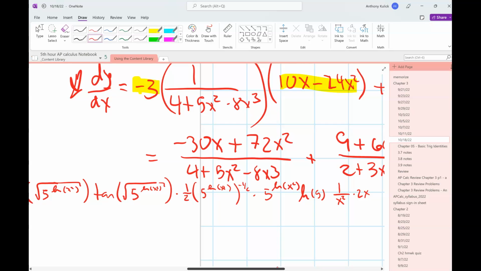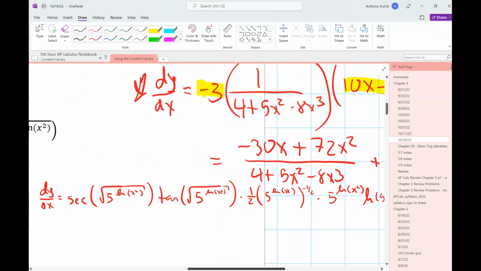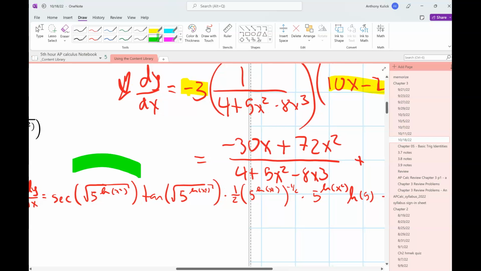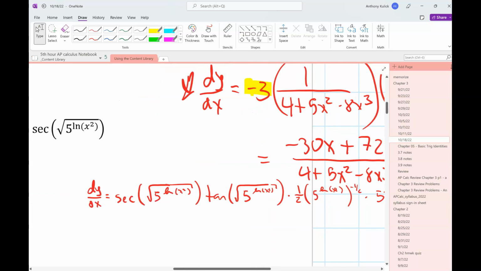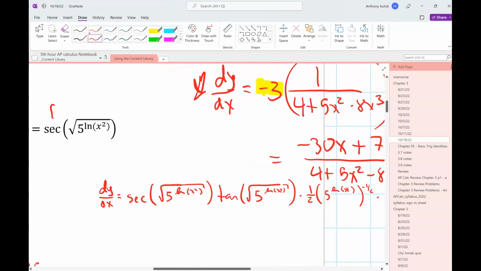Wait, so you couldn't do secant x, tan x, and then do all that? I did, but you separated them. No, because this is f. So dy dx is equal to f prime of that stuff, which is all g of x.